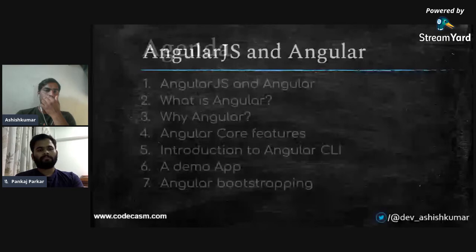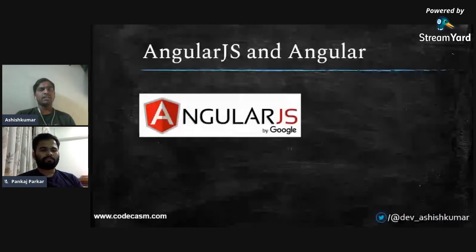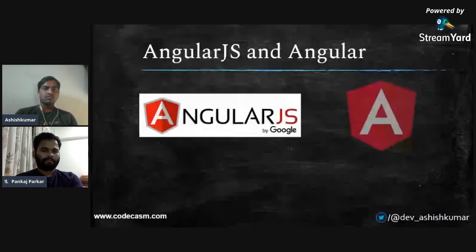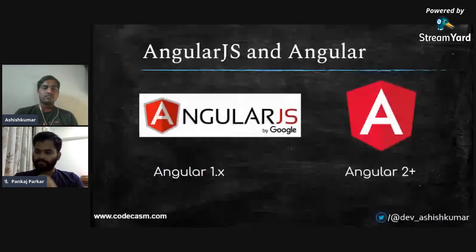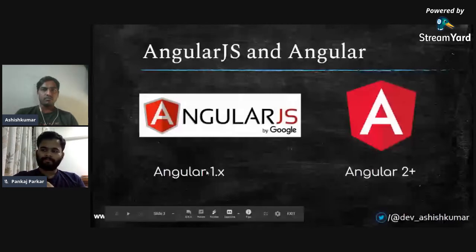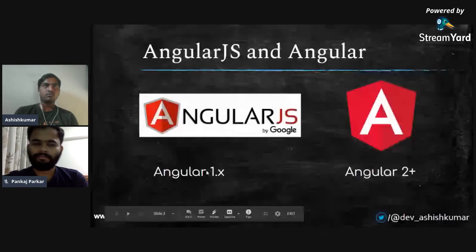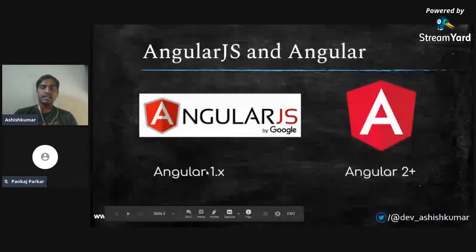Many of us Angular developers are familiar with this logo, AngularJS by Google, and this is the new version of Angular. So what was the difference between these two? AngularJS was the Angular 1 version. We can say it was a framework, but it was not a complete framework like Angular 2 plus.